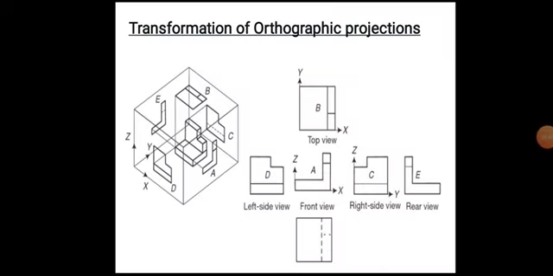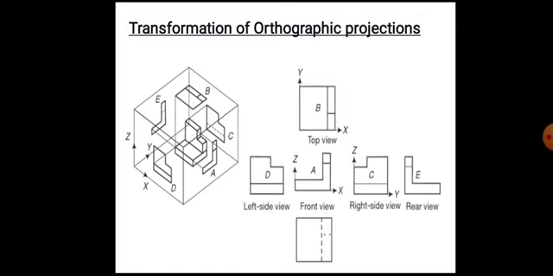Now next we discuss transformation of orthographic projections. The orthographic projection system is to include a total of 6 projecting planes in any direction required for complete description.